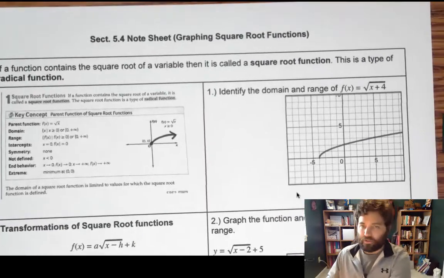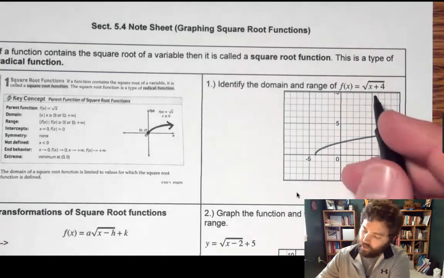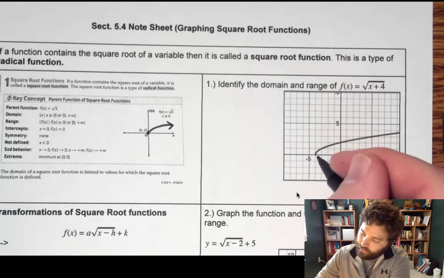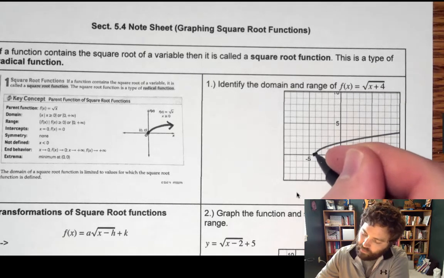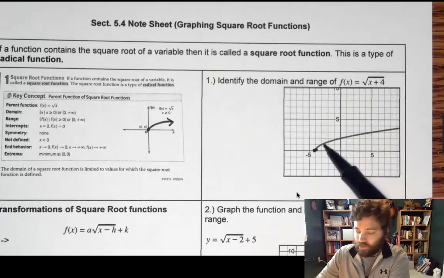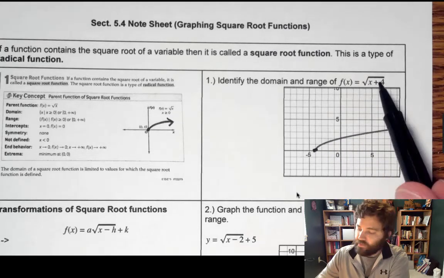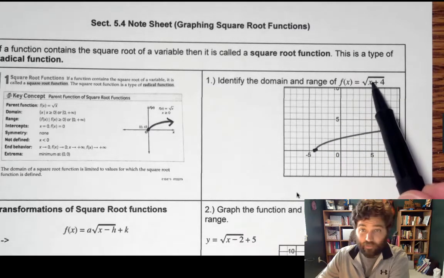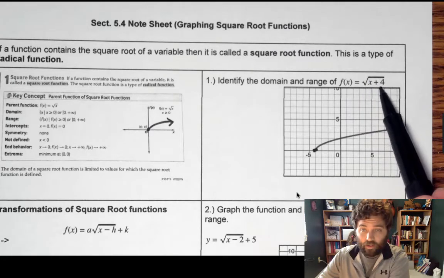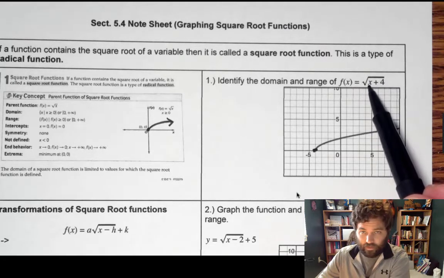Okay, let's look at this function here. This is the square root of x plus 4, and it's only defined starting at -4. That's because if you plug in numbers like -5, for example, you'll get the square root of -1, which is impossible in the real number system.